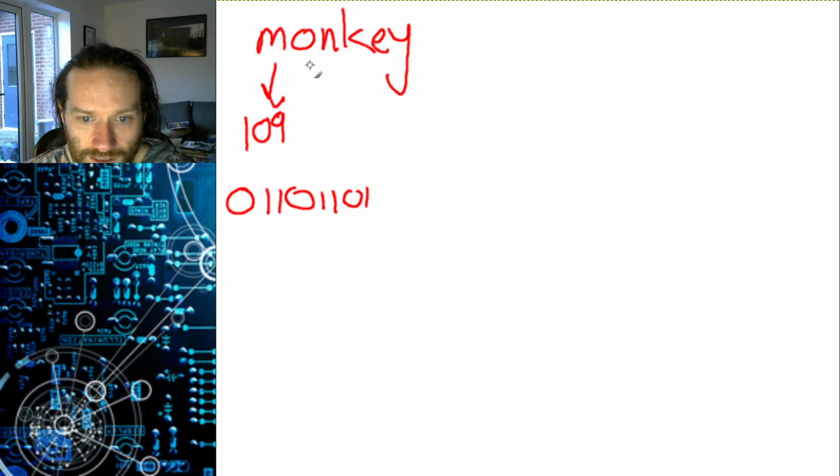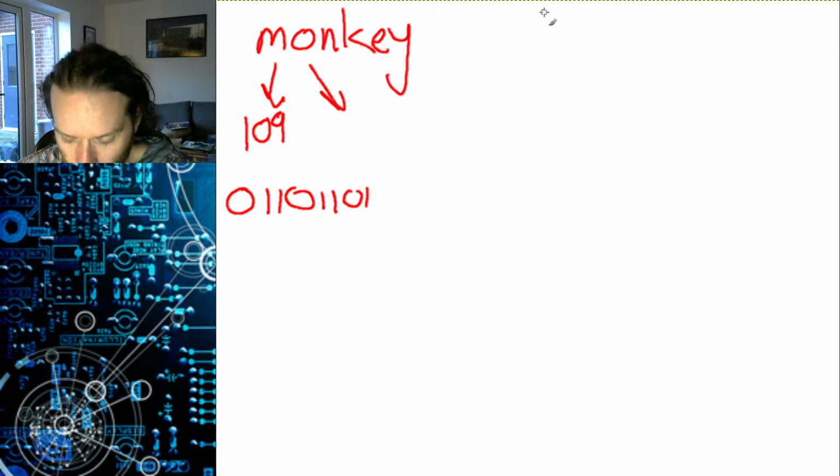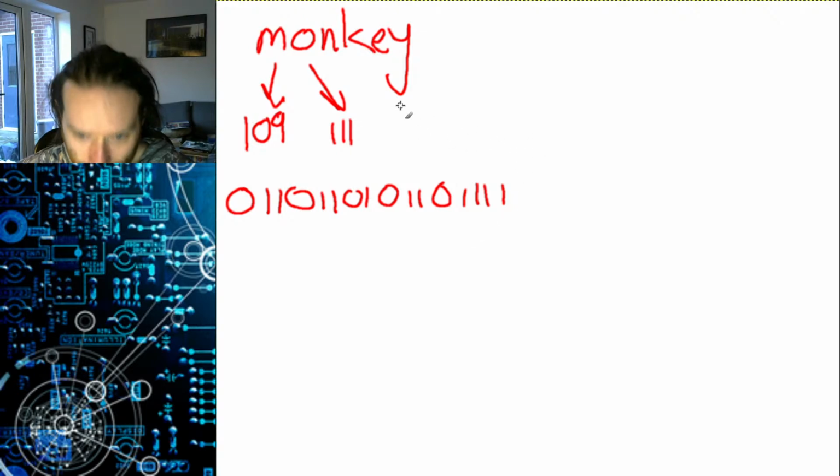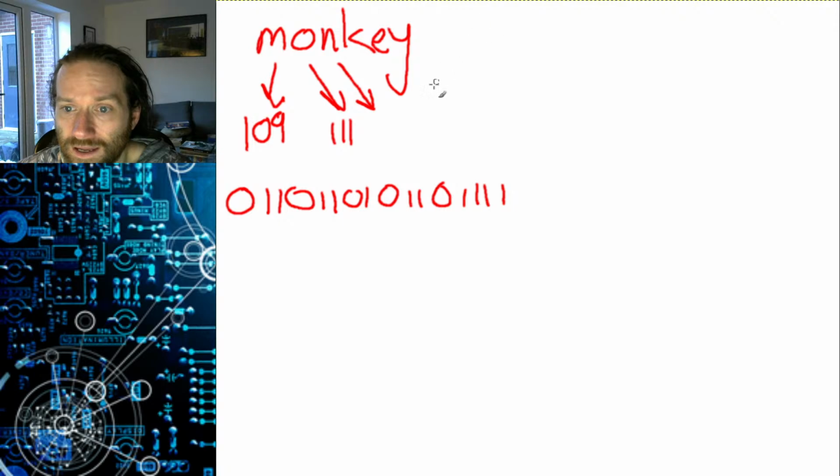There's our first letter. The O is 111. Convert that to binary and we get 0, 1, 1, 0, 1, 1, 1, 1. And so on and so forth. N is 110.